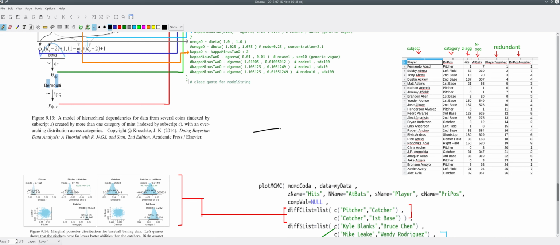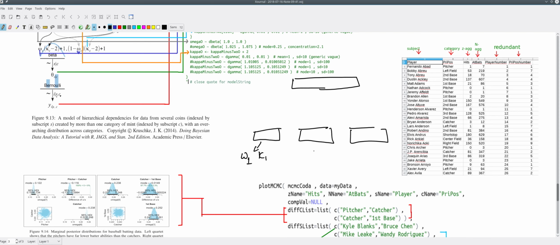We have each category, and we have the overall thing over here. So each category has its own omega and kappa. And these are used for modeling the thetas, that is the ratio of hits to at bats for each of the players.